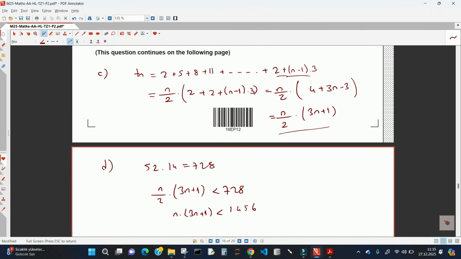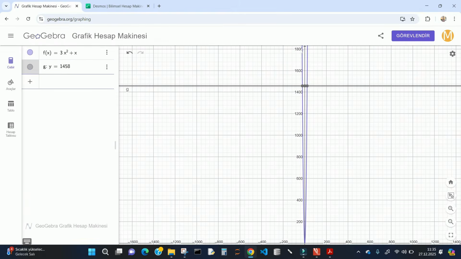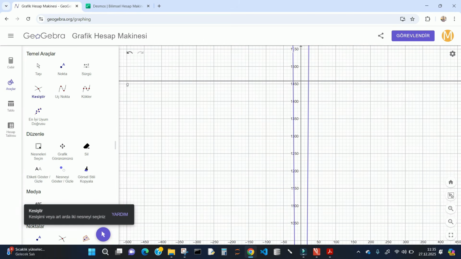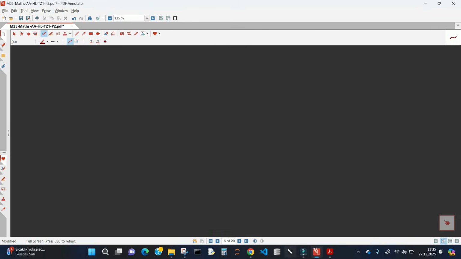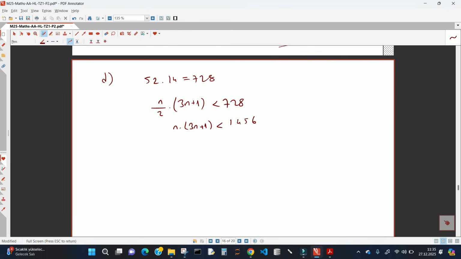We don't want to pass 1456, which means, okay, let me find the intersection point. As you can see, it is 21.9. So when you draw a graph, since the intersection point is 21.9, it's going to be below this number. So you can just choose n as 21.